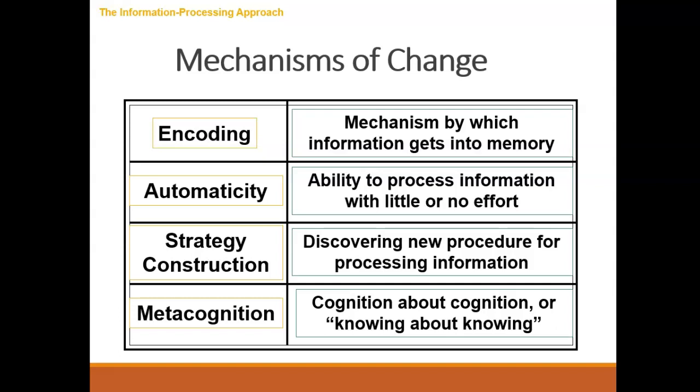There's also automaticity. Automaticity is the ability to process information with little or no effort. This is very, very important in the reading process. When children are learning how to read, initially it's going to be very slow and difficult because they're going to be spending a lot of mental processing power on decoding those letters and symbols.